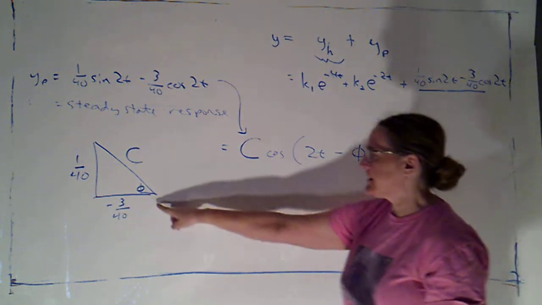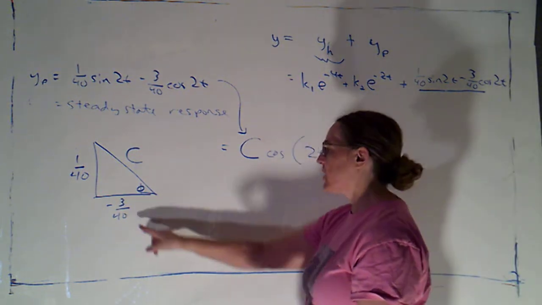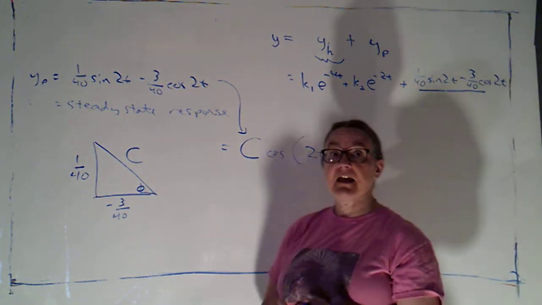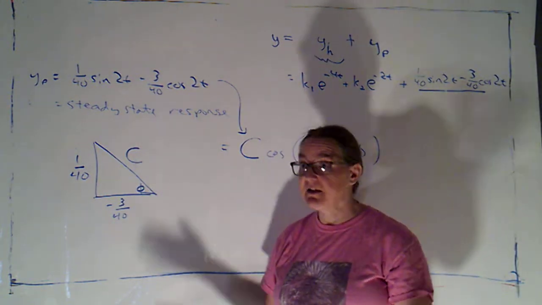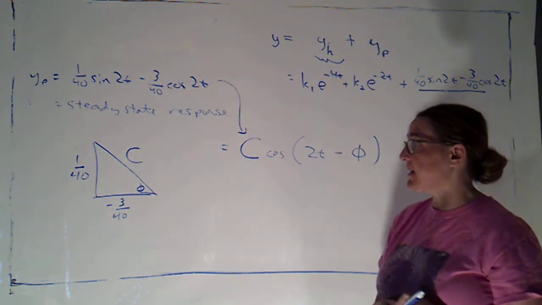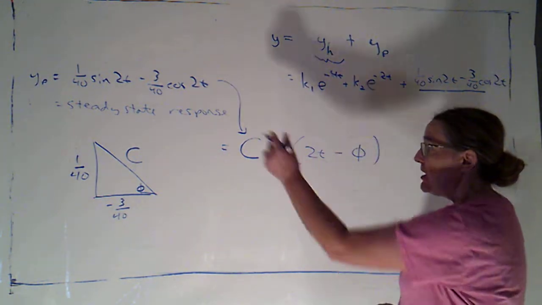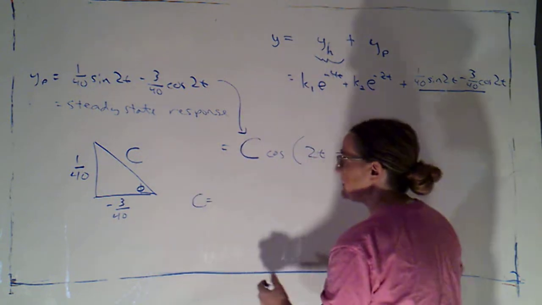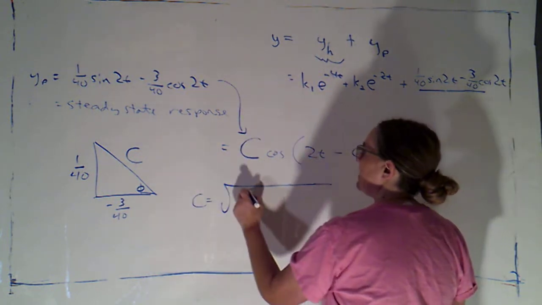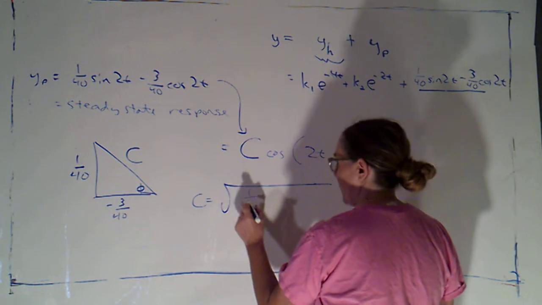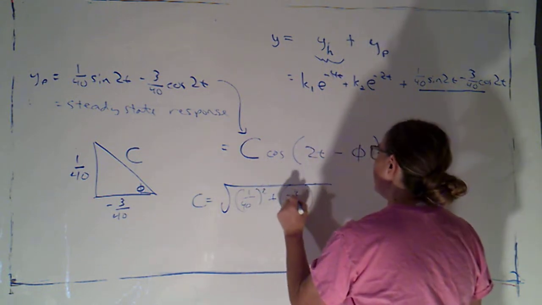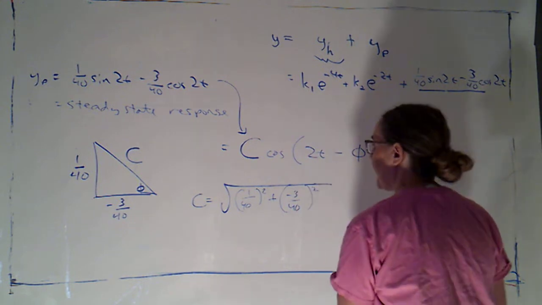Now this is of course a symbolic triangle because triangles don't have negative sides, and there's no saying that phi has to be an acute angle. This is just a mnemonic device to help me calculate things. But C is essentially what the hypotenuse would be. So C is the square root of 1/40 squared plus negative 3/40 squared.